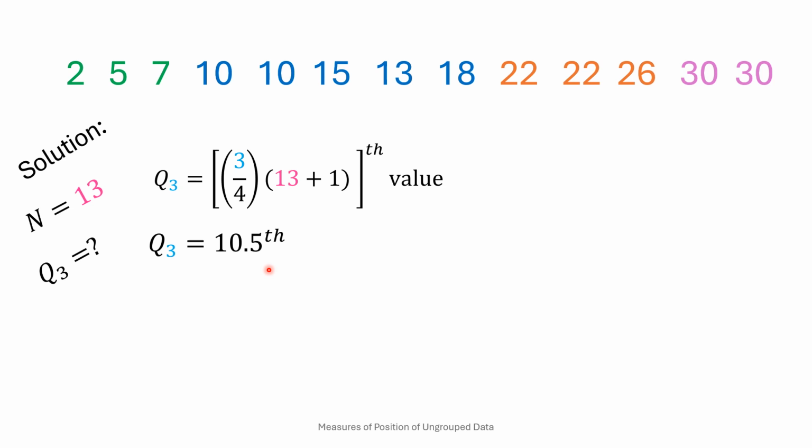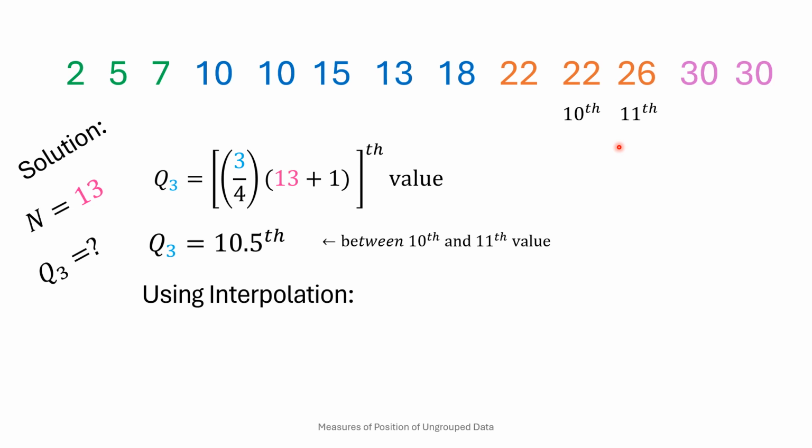This means that the value is between the 10th and 11th. Counting from the lowest value to find the 10th and 11th, the 10th and 11th are 22 and 26 respectively.